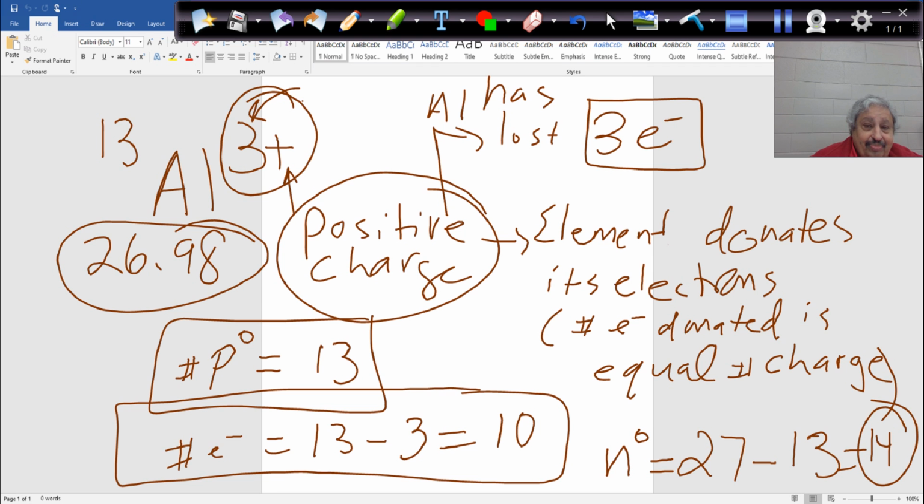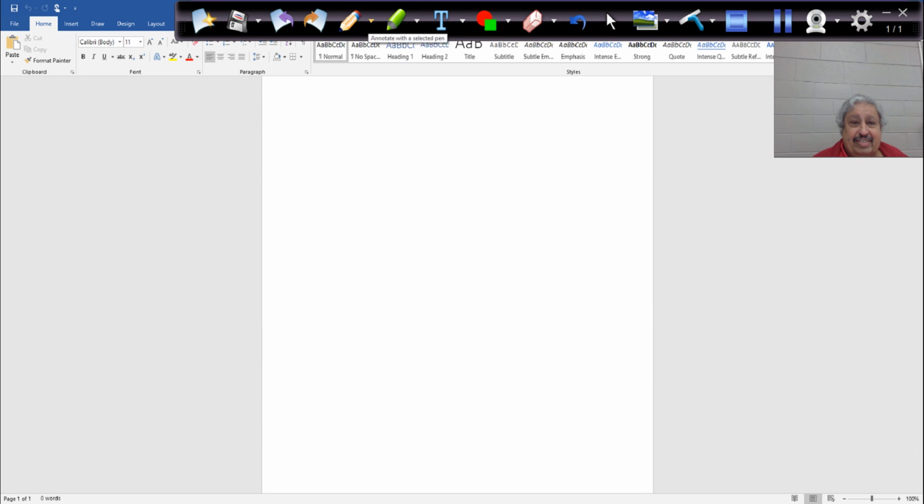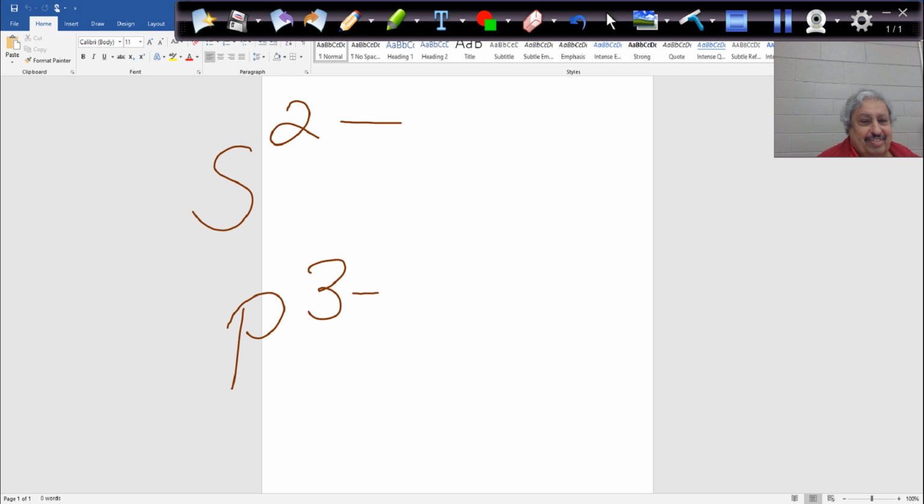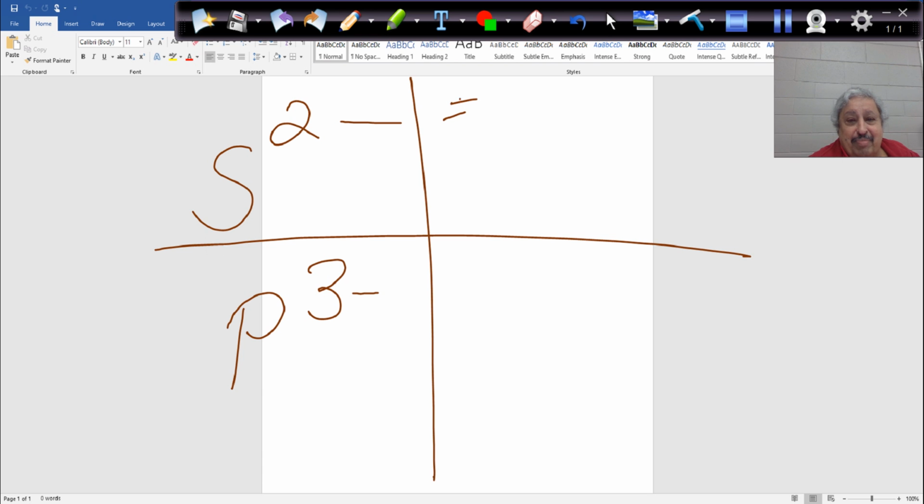Now let's take the negative one. Can I take another page? Okay, let's take another page. Let's take the sulfur here, 2 minus as a charge. Phosphorus is 3 minus. So I need from you here to tell me the number of electrons, number of protons, and number of neutrons. Here's the same thing.